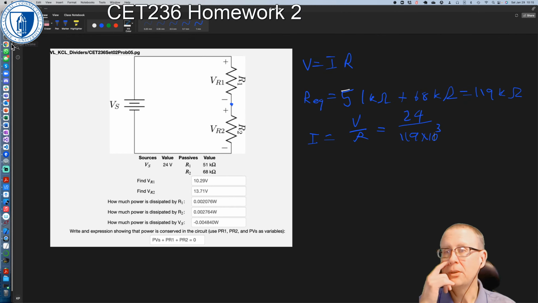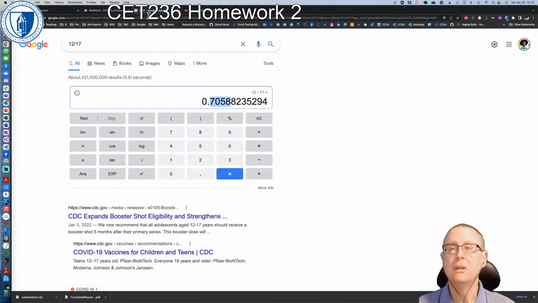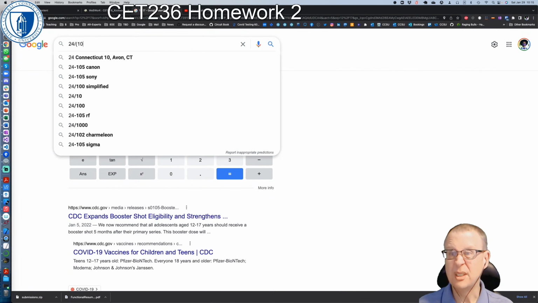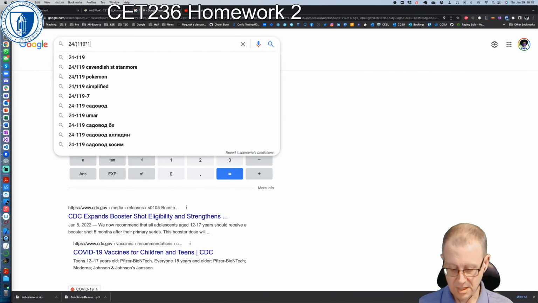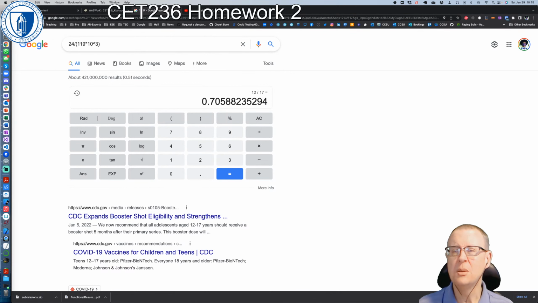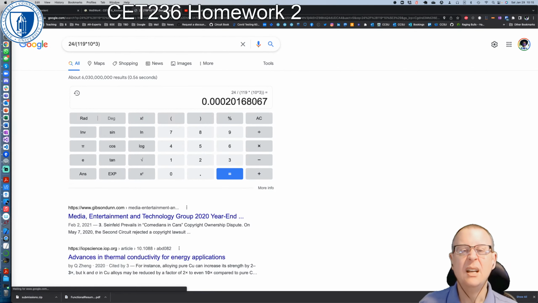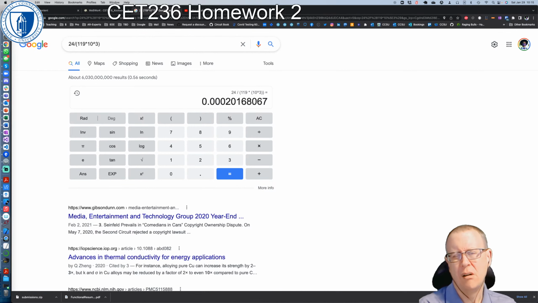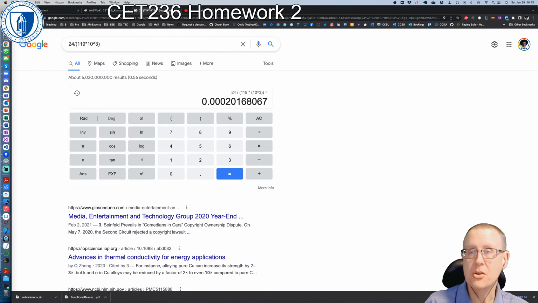Let's see what that does. So 24 volts divided by 119 by 10 to the 3. And that is, I would tend to call that 201.7 microamps.